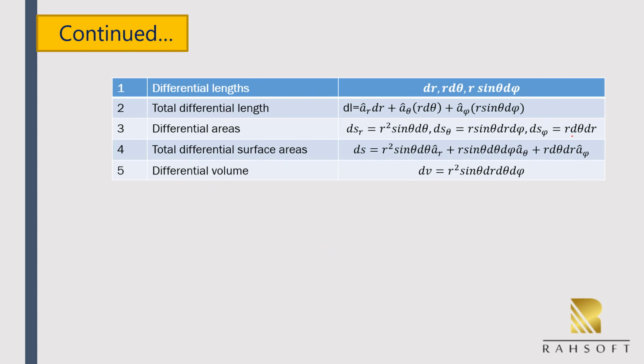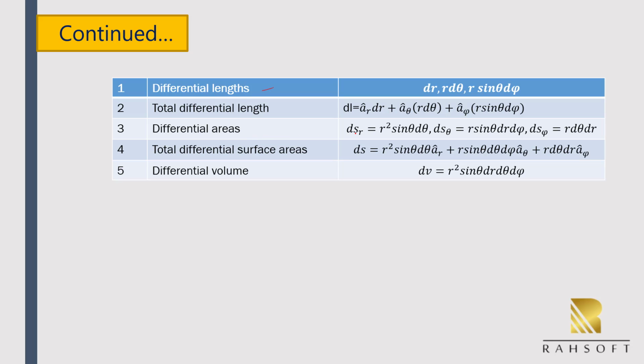So I have summarized all parameters of these spherical coordinates in tabular form. Here you can see that the differential lengths are dr, r d theta and r sin theta d phi. Total differential length is dl equal to unit vector ar dr plus unit vector a theta r d theta plus unit vector a phi r sin theta d phi.